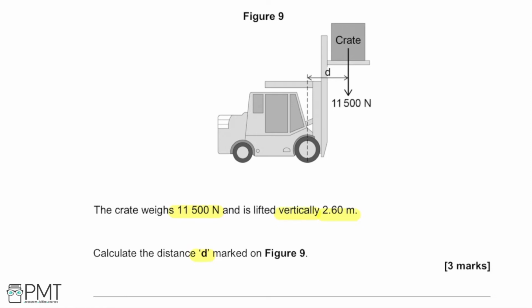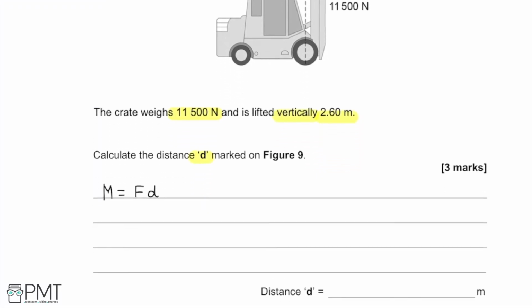So we had that the moment of a force is equal to the force multiplied by the distance. So in this case, previously in the question, we're told that the clockwise moment of the weight of the crate about the centre of the front wheel was 13,800 newton meters.